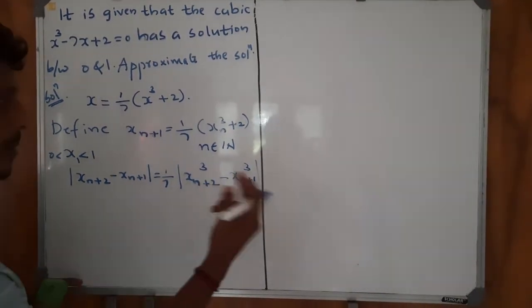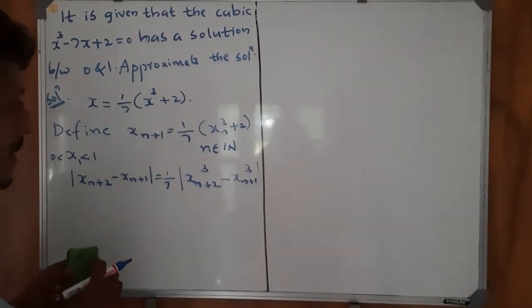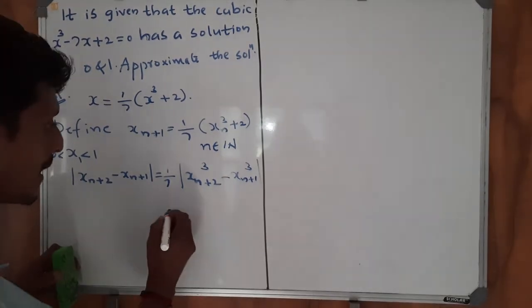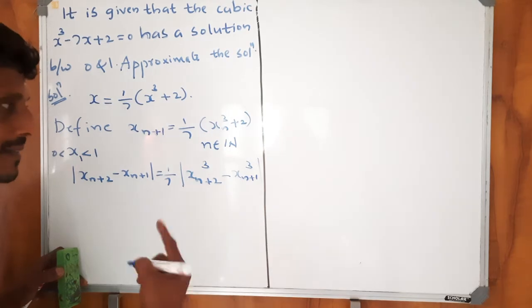So a cube minus b cube is equal to a minus b into a square plus ab plus b square.